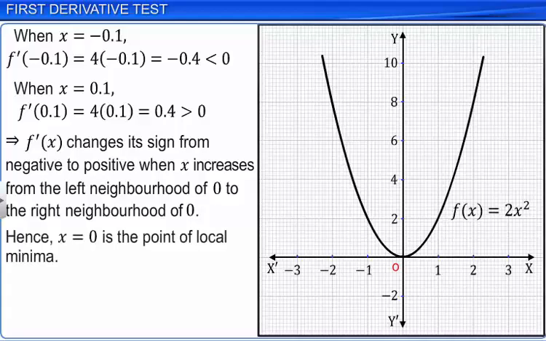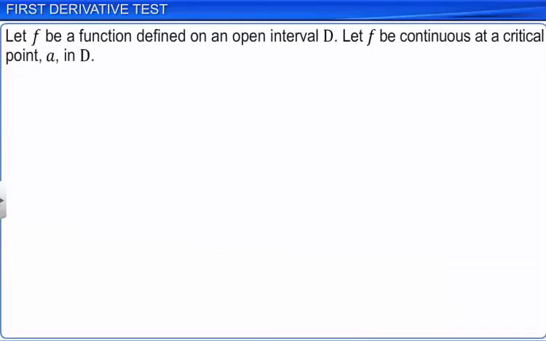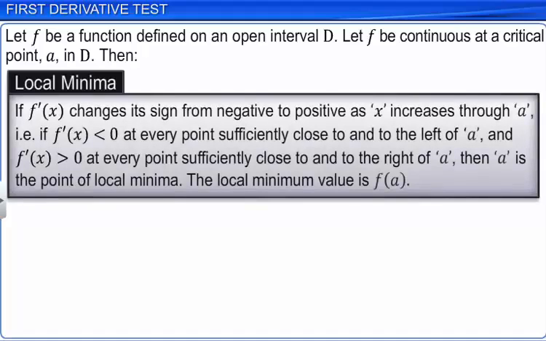This discussion leads us to the mathematical definition of local minima and local maxima. Let f be a function defined on an open interval d. Let f be continuous at a critical point a in d. Then, if the derivative of f changes its sign from negative to positive as x increases through point a, then a is the point of local minima.